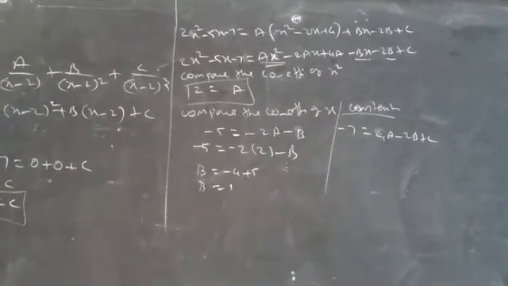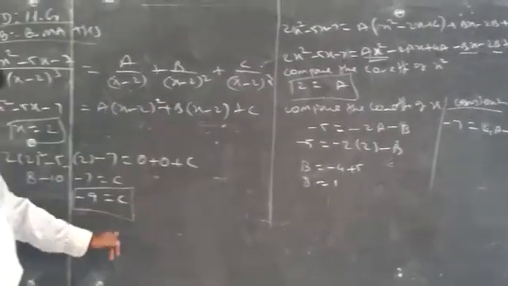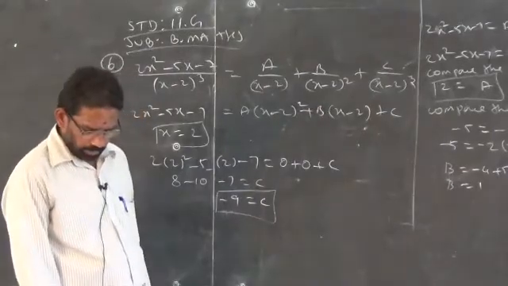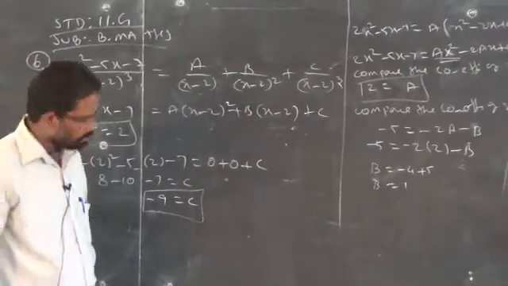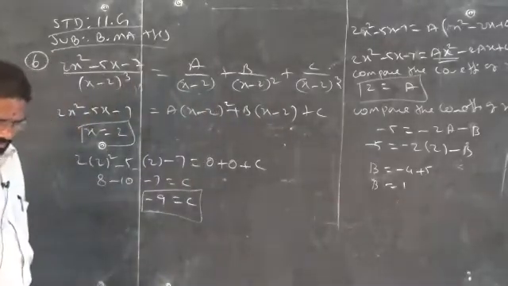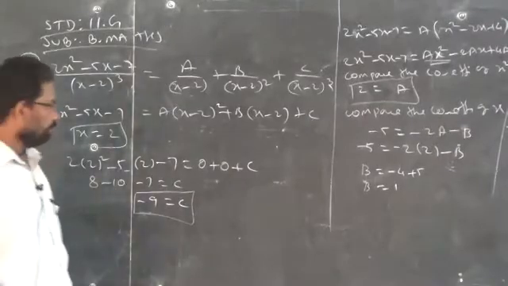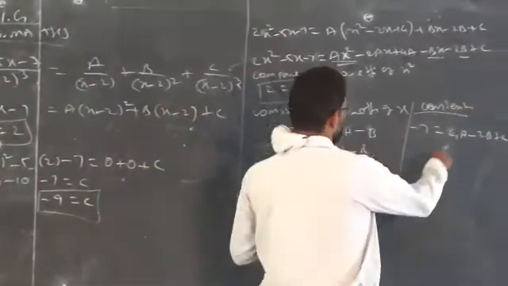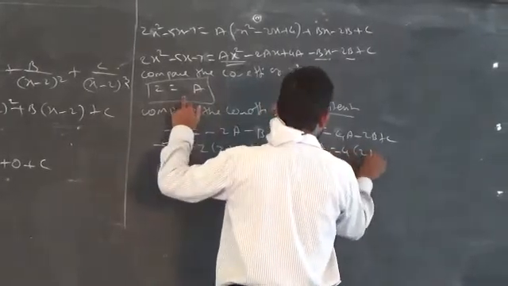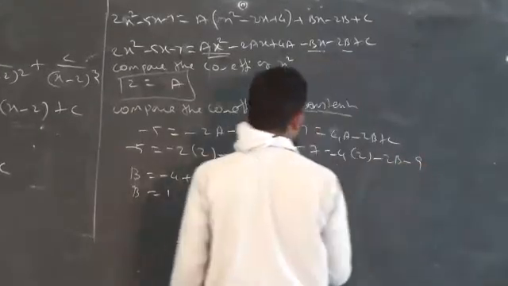Now in question number 6, you will get the value a as 2, then b value is 1, then c value is how much? Minus 9. Clear? You have to check by replacing: minus 7, 4 is minus 2b, c is minus 9.